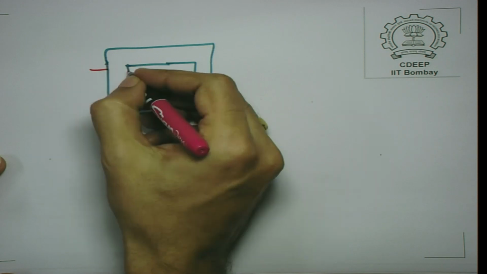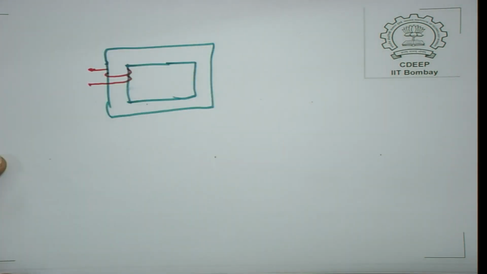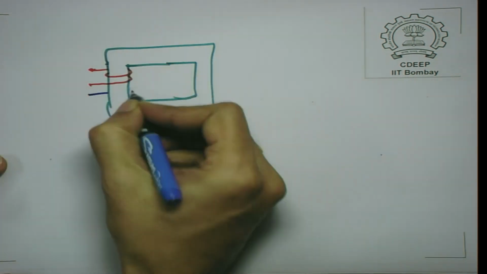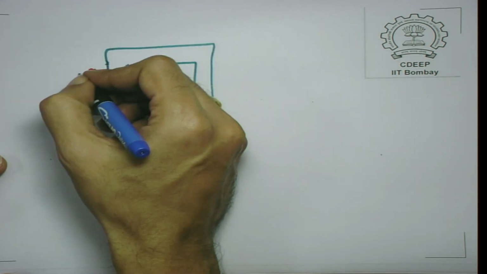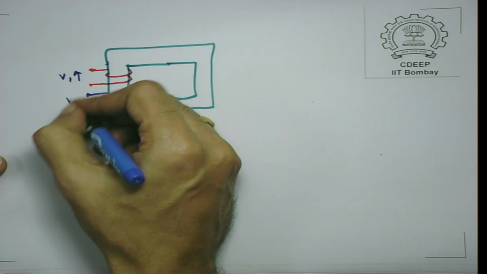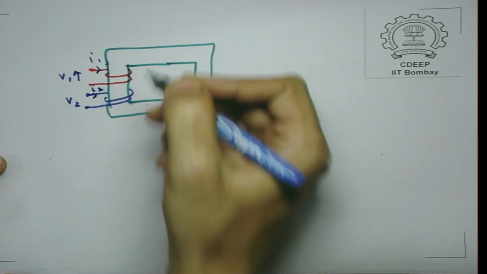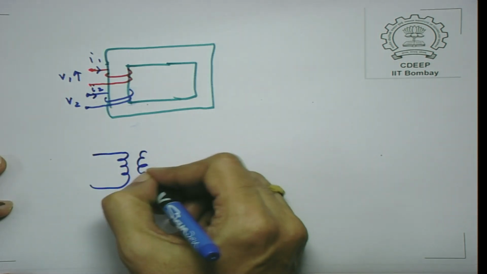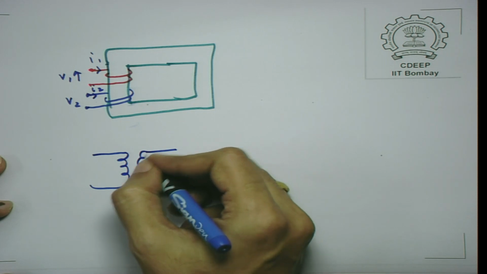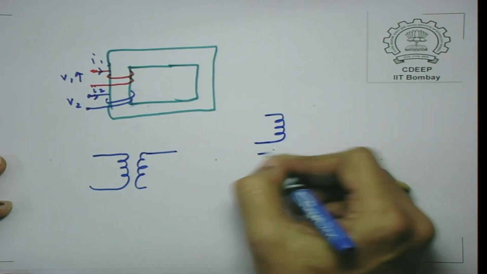A transformer is only a special kind of mutually coupled circuit, and if you have got coil number 1 and coil number 2 in this fashion, and we measure V1 and V2, I1 and I2 in this way, it could be represented, first we can represent it like this.